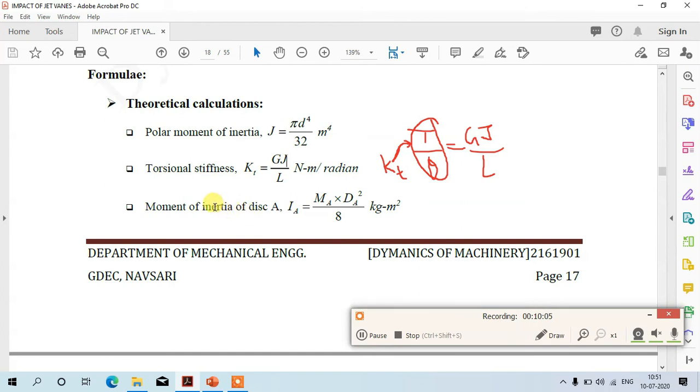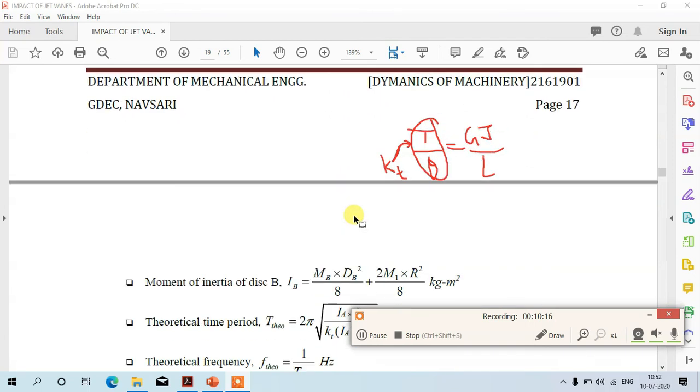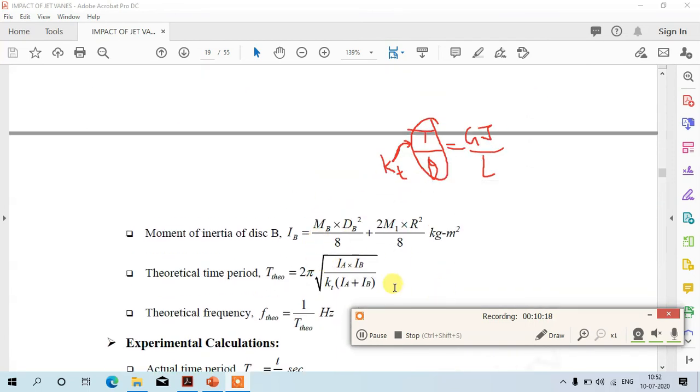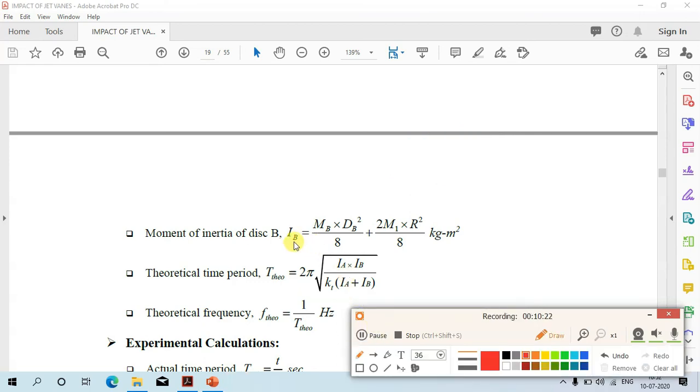The mass moment of inertia of disk A, IA, is given by this equation, capital MA dA square by 8. The mass moment of inertia of disk B, IB, is equal to MB dB square by 8 plus this term. Why are we adding this much in the mass moment of inertia of disk B?